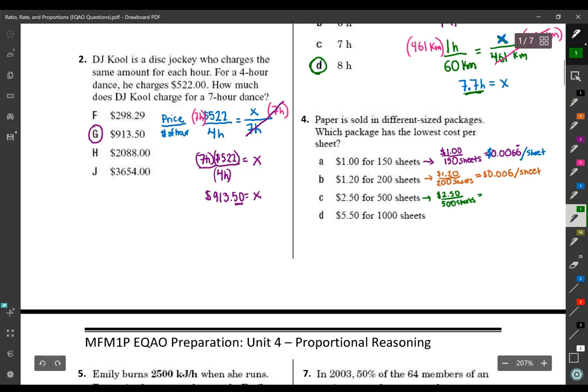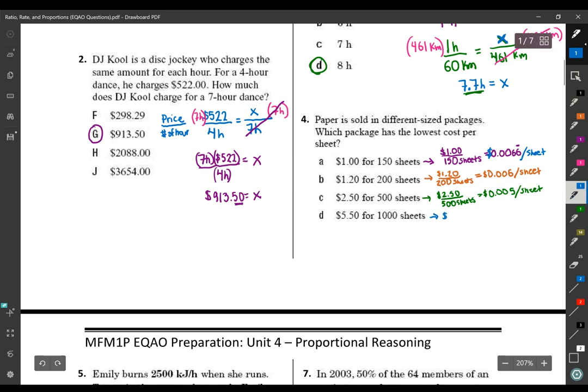Okay, so we do that division, 2.5 divided by 500, and we get 0.005 dollars per sheet. And I'm keeping all of these decimals because I need to be able to compare the numbers at the end, and they're all pretty small numbers.